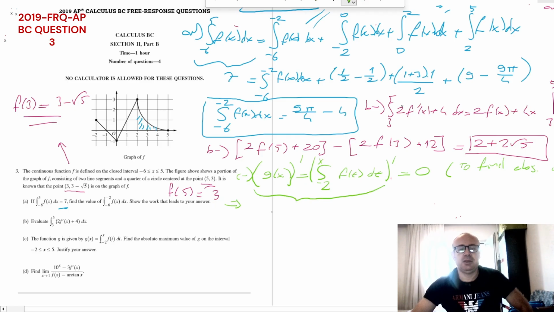That part will be equal to f of x. I'm repeating, the integral and the derivative must cancel each other. That part must equal f of x equals 0. And the roots of f of x are negative 1, 1 over 2, and 5.